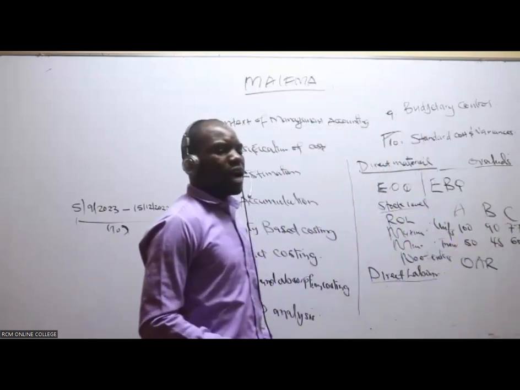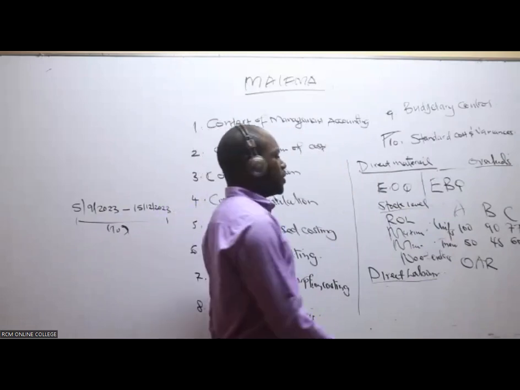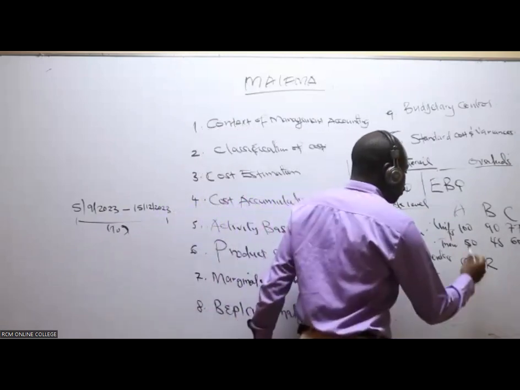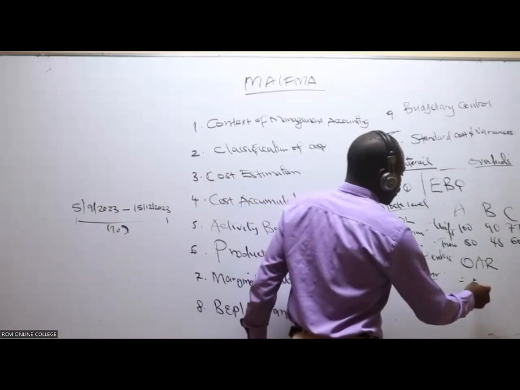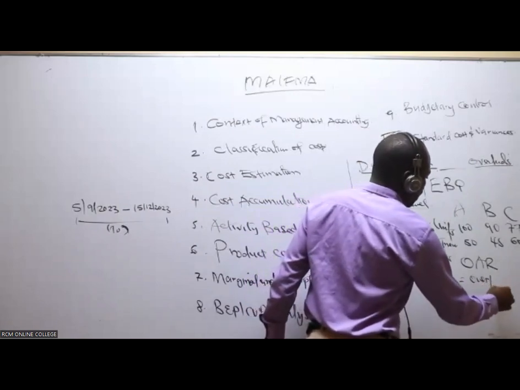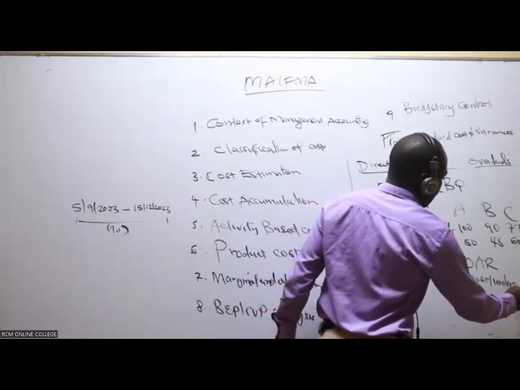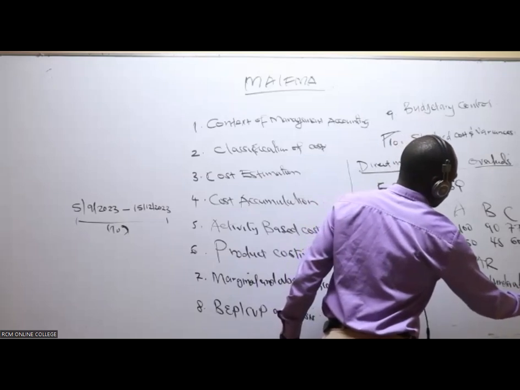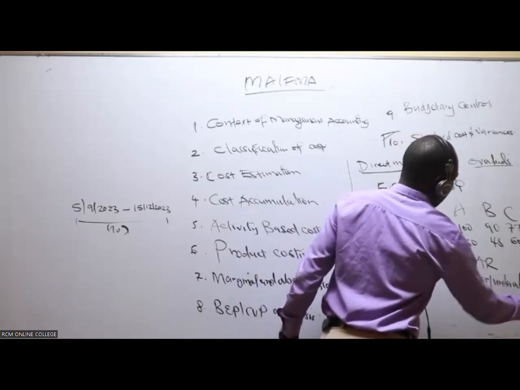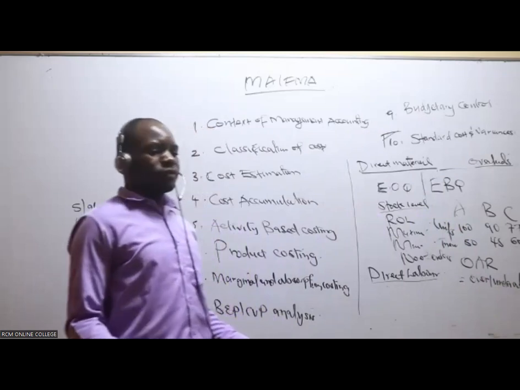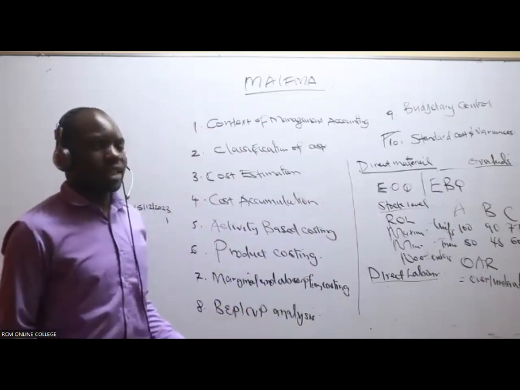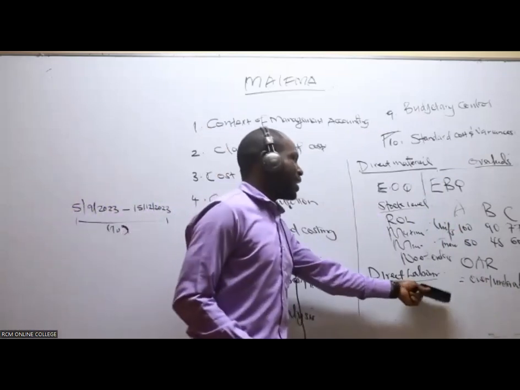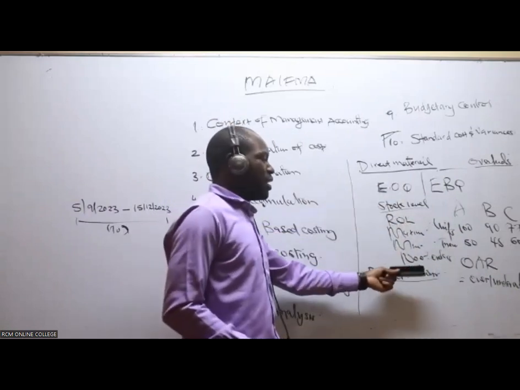The overhead absorption rate. And from this overhead absorption rate, you need to understand or tell us, was it over or under absorption? Was it over or under absorption of overheads? That is what you need to understand in that particular area.